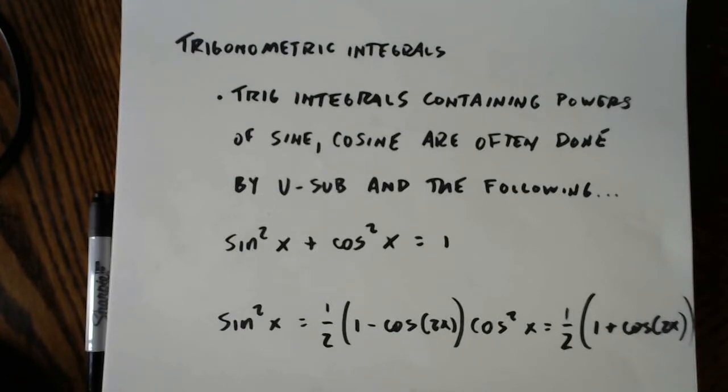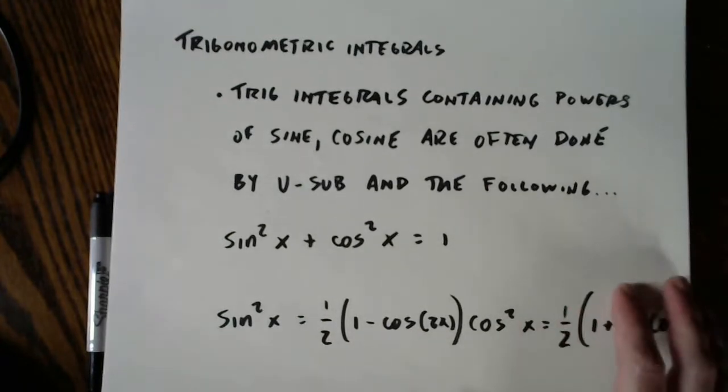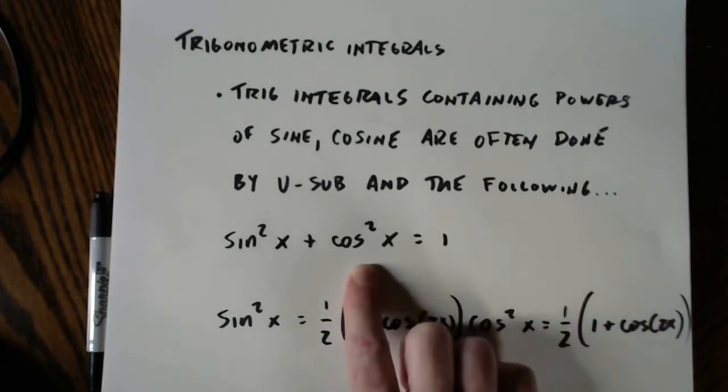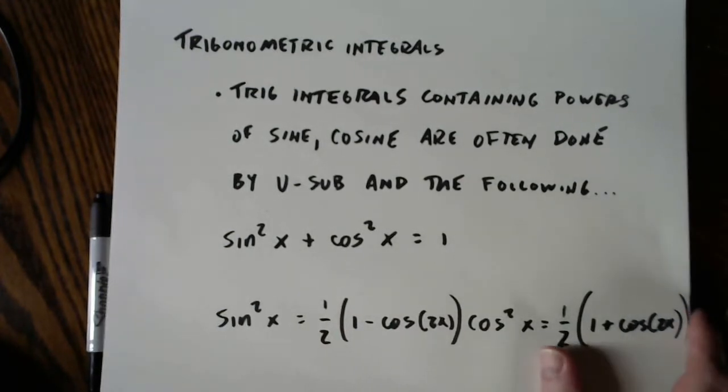When I say powers, I mean sine squared, sine cubed, etc. And we typically do these through u substitution, in addition to the use of the following trig identities, what we call the fundamental identity of trigonometry. These replace sine squared and cosine squared in integrals.